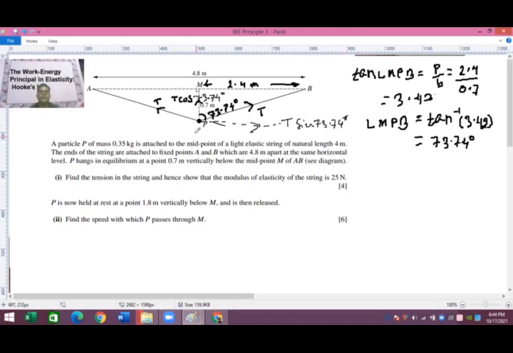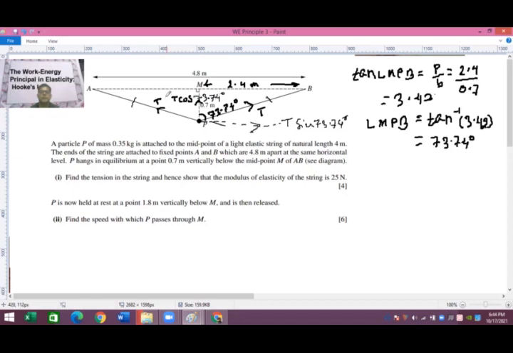And what happens if you resolve from this side, because you know that this is the midpoint and it is perpendicular, so these two lines geometrically must be equal, and the value of tension is also equal in each part of this string because of the same material. So along this way, the component for the force T will be T cos 73.74 degrees.